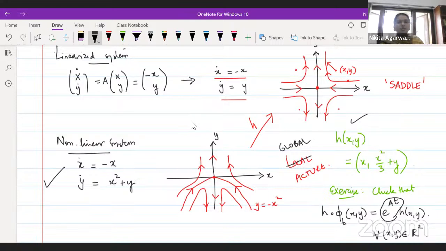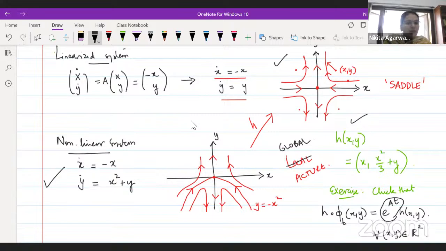So the idea is, if you know this local picture, which is easy to get, right? It's just looking at this matrix and figuring out how the trajectories look like, you know that the qualitative behavior is going to be the same, meaning that there will be a curve on which if you start, you're going to approach 0 as time goes to infinity.